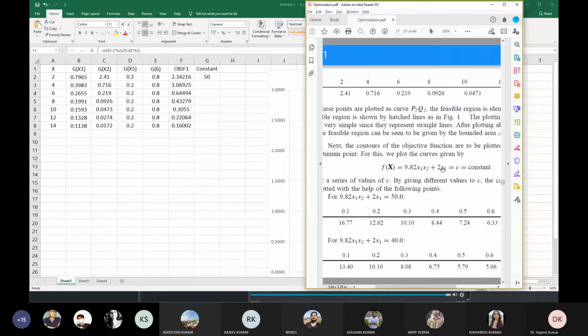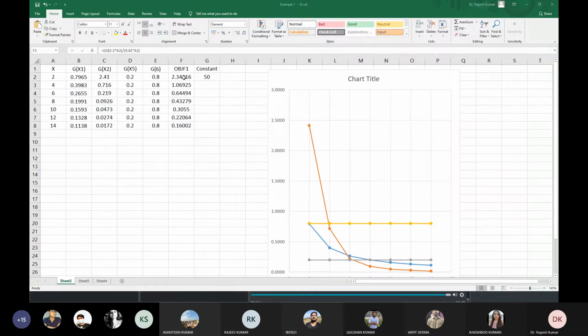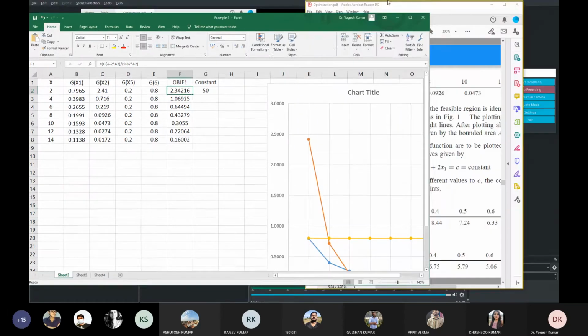We can put this 2x1 on the other side, and then this whole value c minus 2x1 may be divided by 9.82 x1. Okay, so this way we will get an expression for the corresponding values of x2. This formula I have used here also.